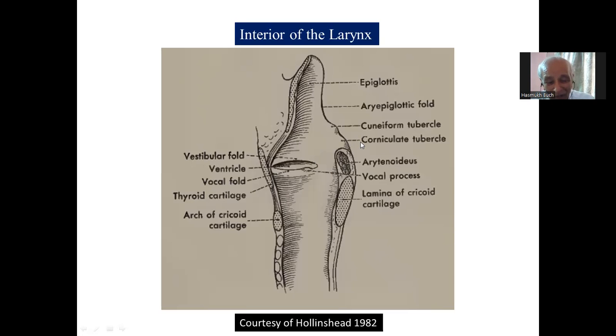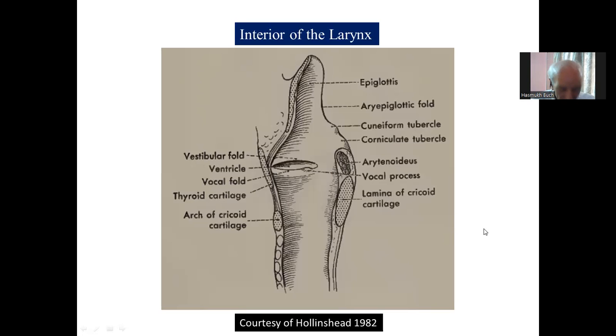The corniculate cartilage will form the corniculate tubercle at the aryepiglottic fold. Cuneiform cartilage will form the cuneiform tubercle in the lower part of the aryepiglottic fold. This is the epiglottis. Vestibule of the larynx, sinus of the larynx, infraglottic compartment. And there the larynx ends and trachea begins.